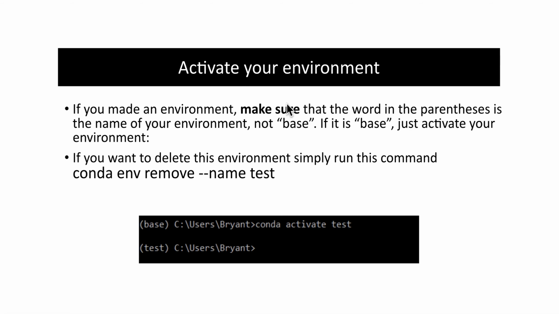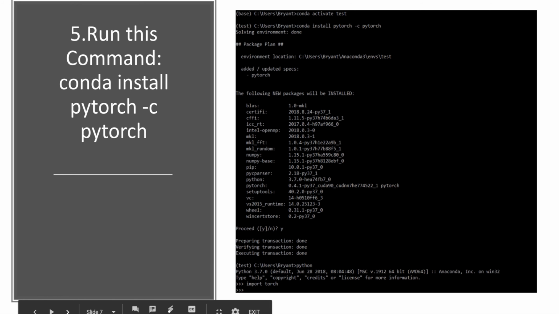Again, if you want to remove it, you can remove it. So basically, this is the environment that we have created, and conda activate test. This is more important in Windows than Mac, but there you are.